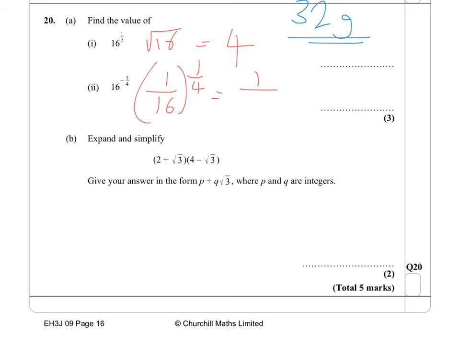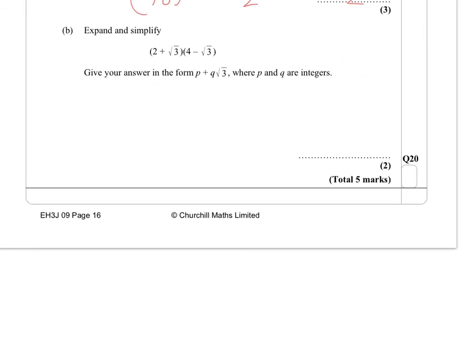What times itself times itself times itself gives 16? 2. So the answer for that one is a half. And you would get 1 mark for creating a reciprocal and 1 mark for applying the fractional index to get your answer.